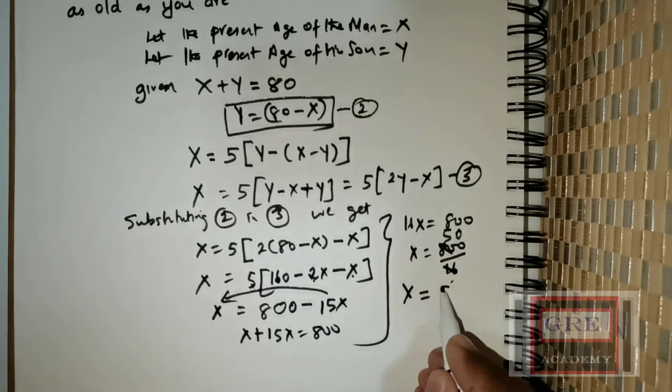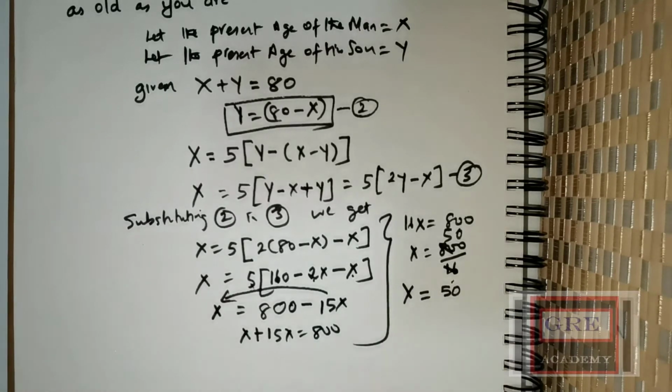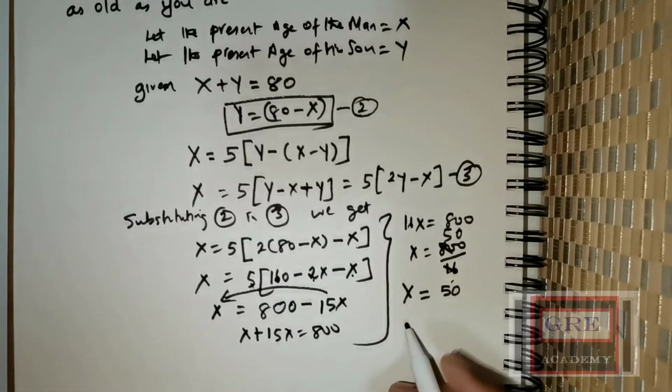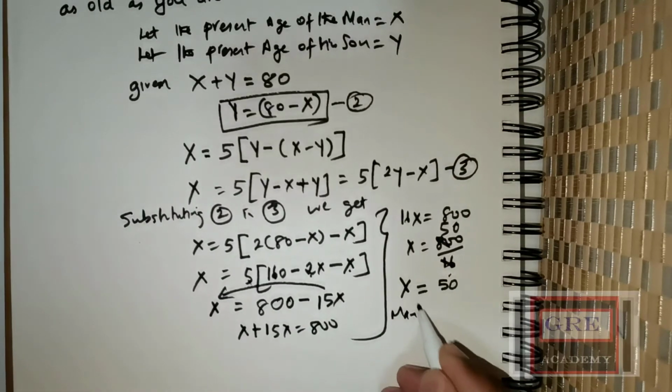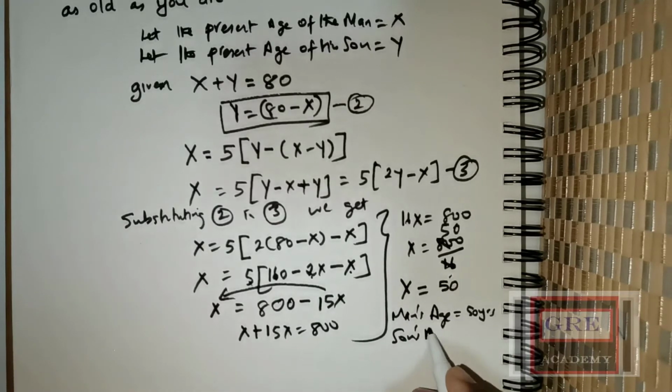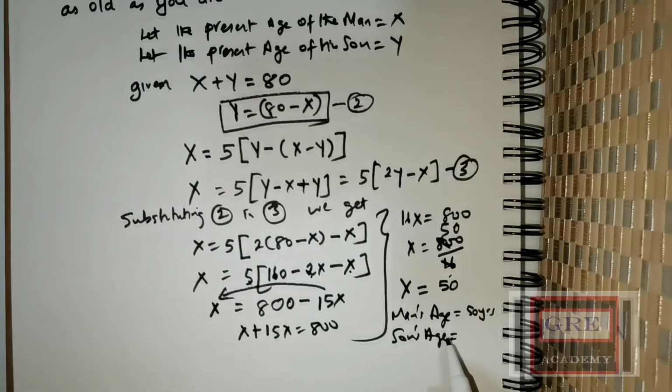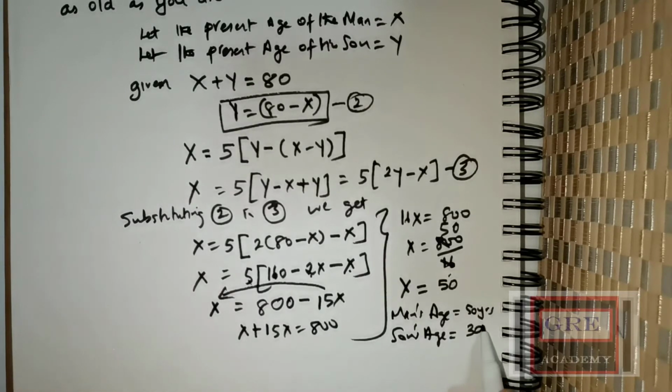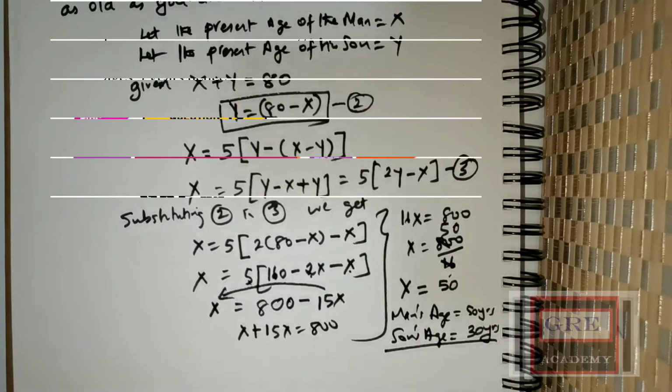So x is equal to 50. So this is the age of the man. Okay, the man's age is 50 years, and his son's age is, from 80 you subtract 50, you get 30. So this is the solution for this question.